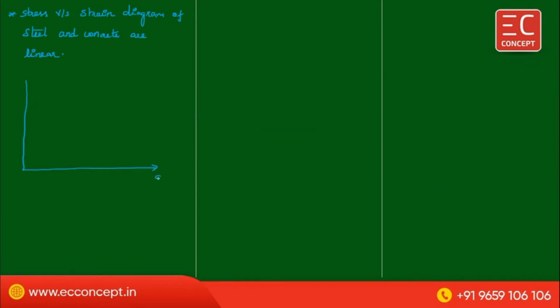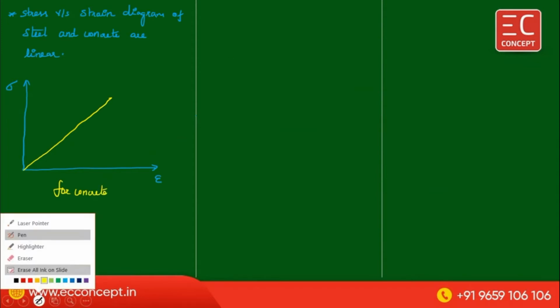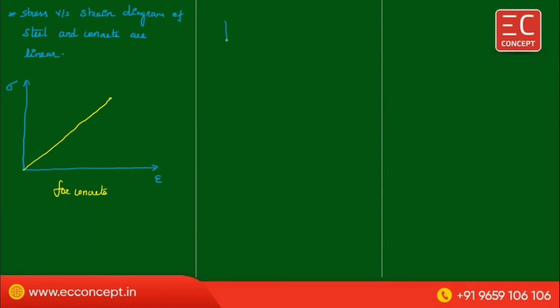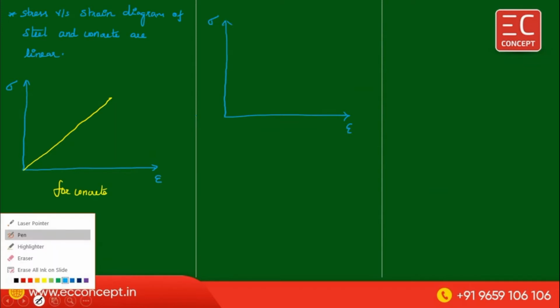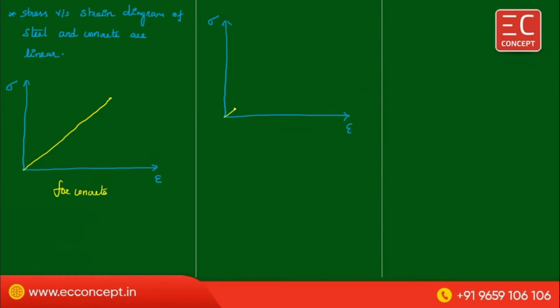This is the strain, this is the stress, and we are assuming the stress versus strain diagram is linear. At the same time, stress versus strain for steel we are also considering linear.